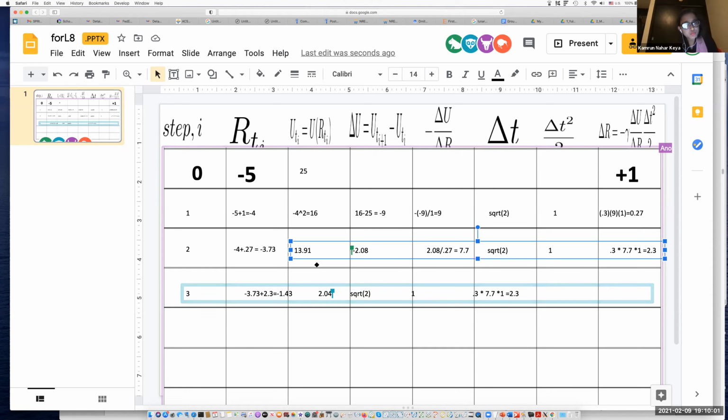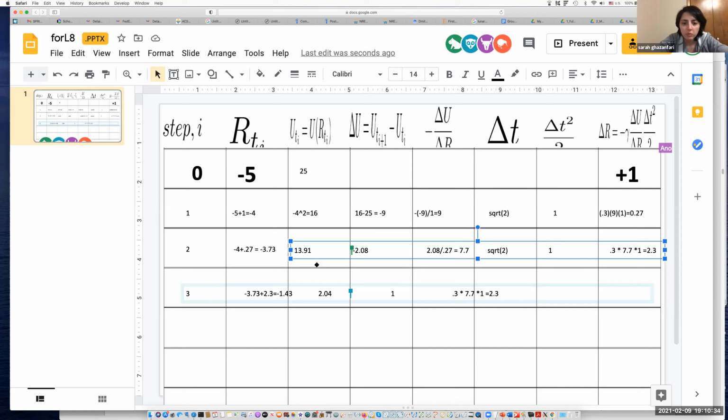Then delta U. What is delta U? And now we need to subtract this, minus 2.04. 2.04 minus 13.91.